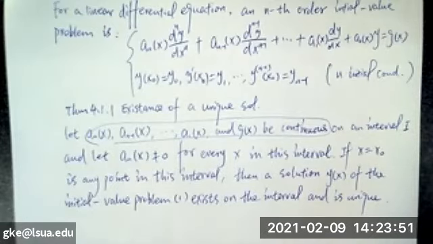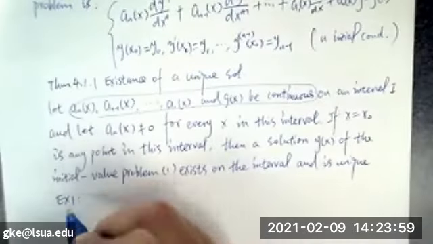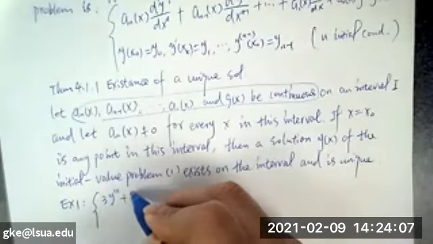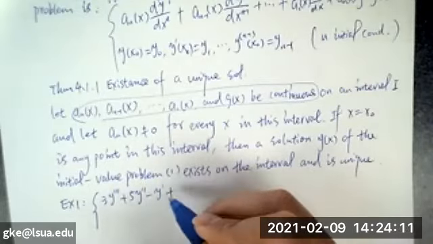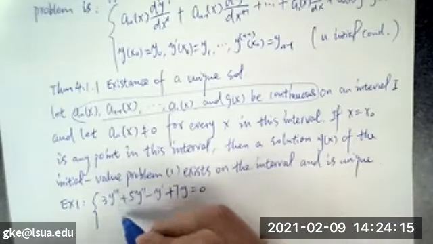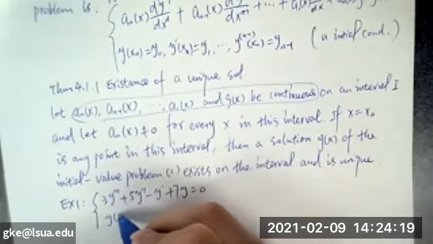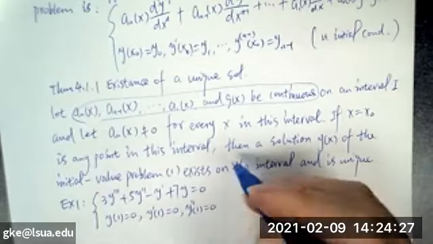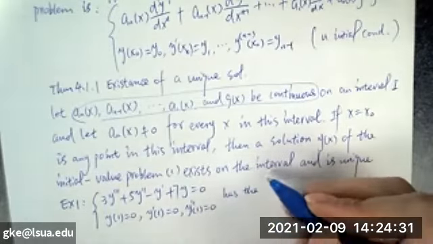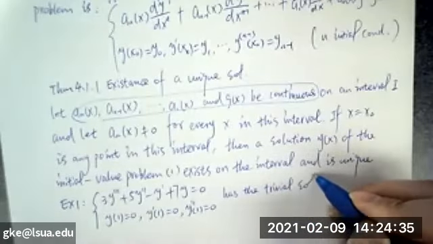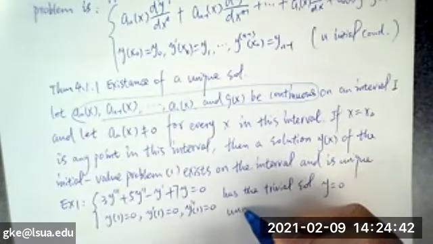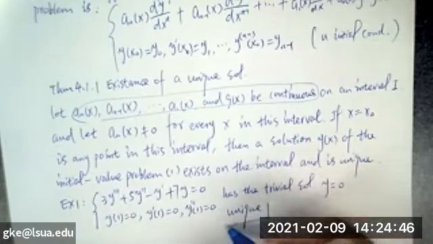Now let's take a look at a very specific example. y equals 0 is the trivial solution, and we're going to prove that this solution is unique.